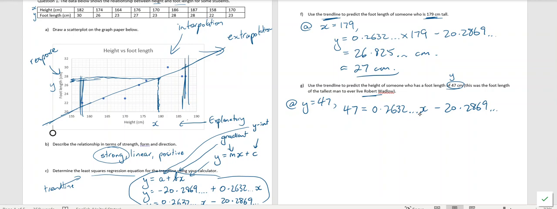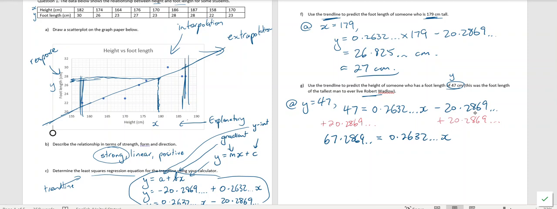and we say what's happening to x. X, first of all, is getting times by this. It's then having that subtracted from it. So our first step is to get rid of the subtract 20.2869 blah blah blah, and we do that by adding that to both sides. Now, that's going to give us 67.2869, so on and so forth, is equal to that.